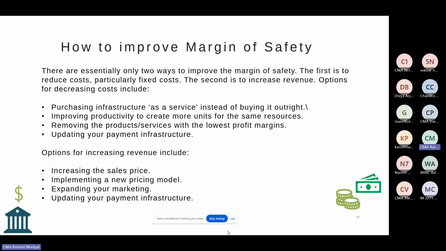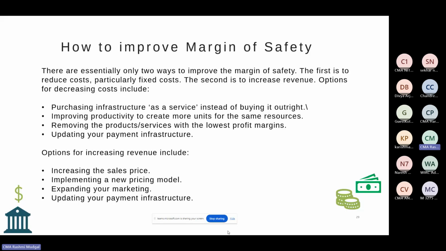Expanding your market: firstly, you were selling only into the metro cities like Delhi, Mumbai, Chennai. But after some time, you wanted to expand your market. You started selling into Gujarat, maybe into Rajasthan. So you have pushed the territory and expanded your market. Definitely, it will increase your volume and it will definitely increase your profitability.